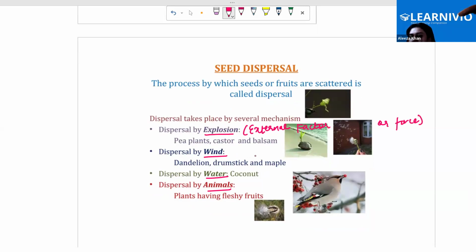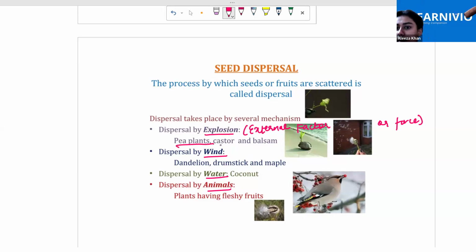Like in spore formation, the spore used to explode or burst out. See, explosion is how the seed is changing its position. Whenever an external force, let's say a direct blow onto the seed, has dispersed it from somewhere. So it is a kind of active force which is coming from outside. So by the explosion your seed can be dispersed.